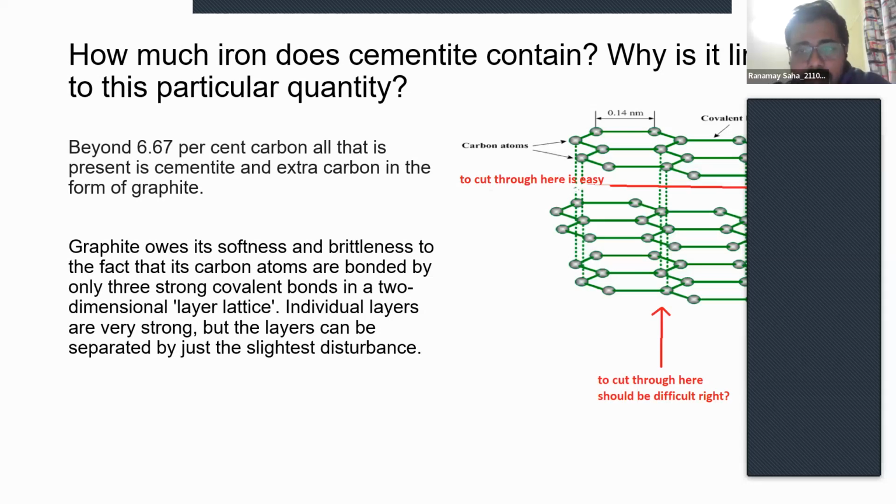When you give a shear force, there is very little resistance between the two layers of atoms, and one layer starts sliding over the other. As a result, a slippery kind of contact happens between the two, and there is very low resistance.